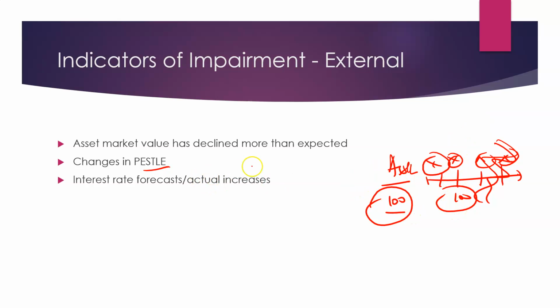And environmental, where people are now interested in green products and yours doesn't quite fit the bill. Or we have a change in interest rates, because interest rates are the discount factor, so the present value can be affected by the change in interest rates.